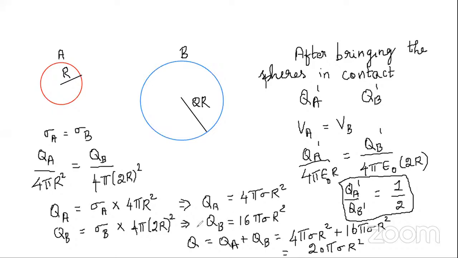So after bringing these two spheres in contact, the new charges will be distributed in this ratio 1 by 2. Using this ratio, we are going to find out the charge on sphere A and sphere B, that is QA prime and QB prime.